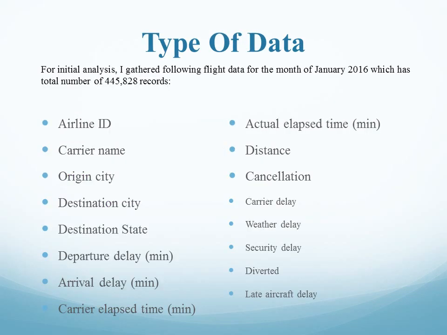The type of data that we have taken for this is airline ID, carrier ID, origin city, destination state, departure delays in minutes, arrival delays, distance, calculated with delay factors such as carrier delay, weather delay, or security delay, and some more on top of that.